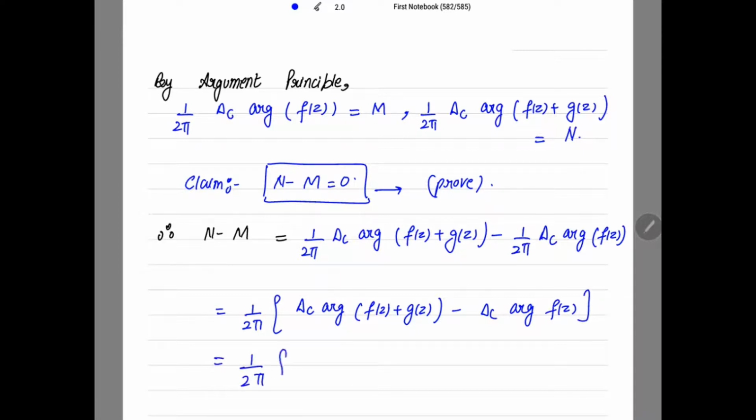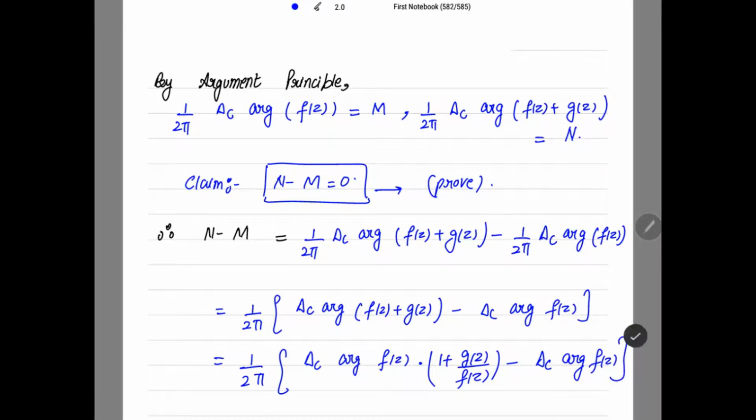1 over 2 pi. Now I'm taking this f(z) also common here. Delta C argument of f(z) into 1 plus g(z) over f(z), minus delta C argument of f(z).